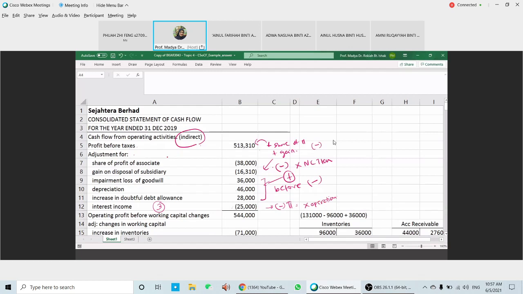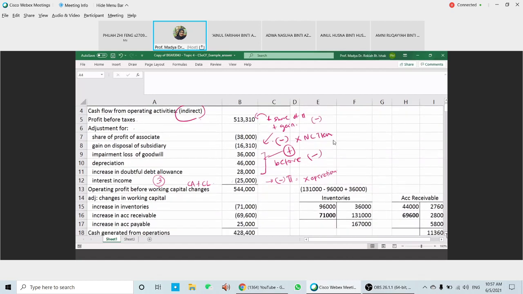That's why you minus the interest income, 25. Then you're going to have a profit before working capital changes, which is before the adjustment for current assets and current liabilities. Now we're going to adjust for the working capital.